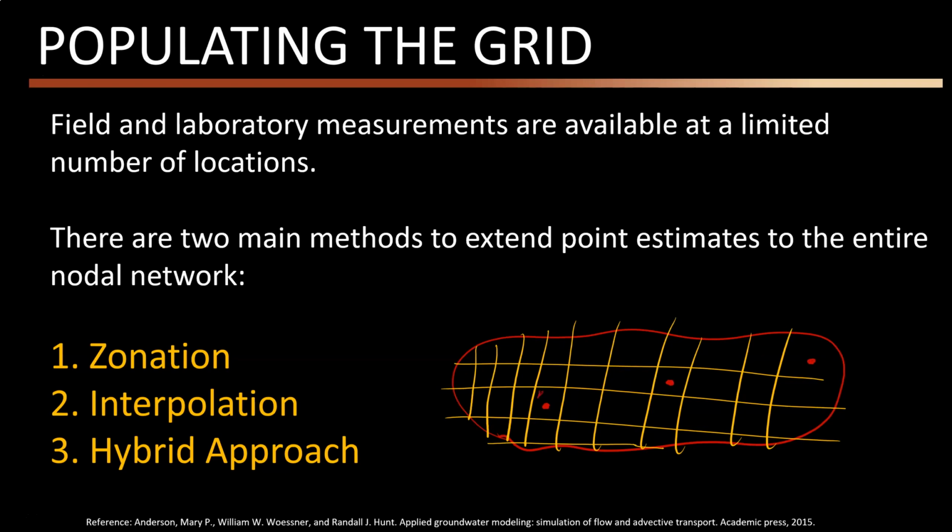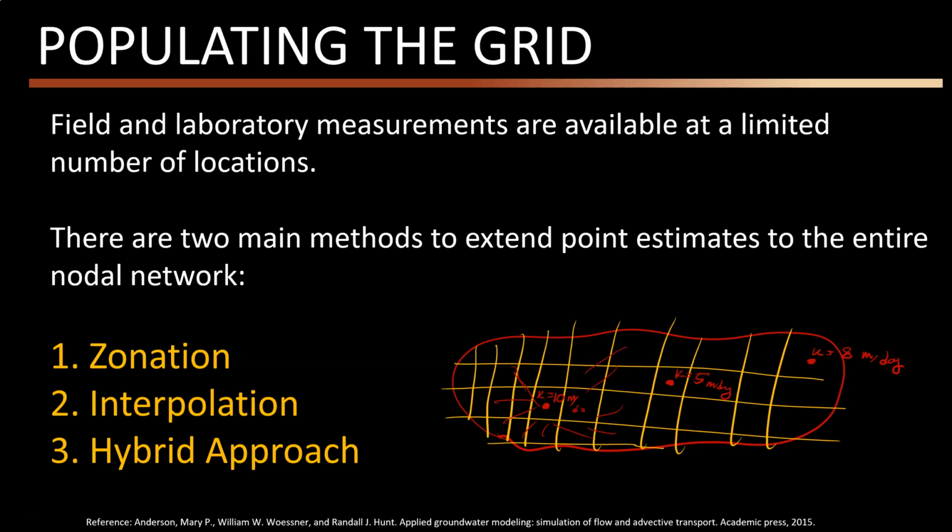For example, the K here is 10 meters per day. Here it is 5 meters per day, and here it is 8 meters per day.